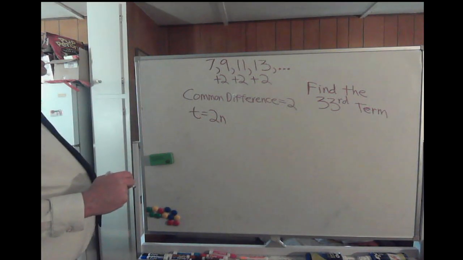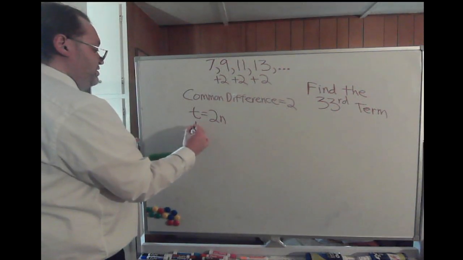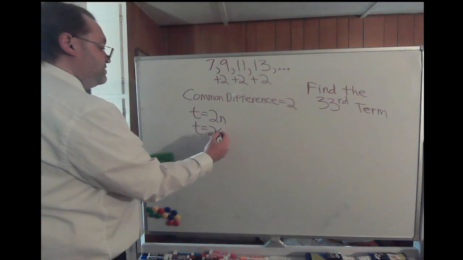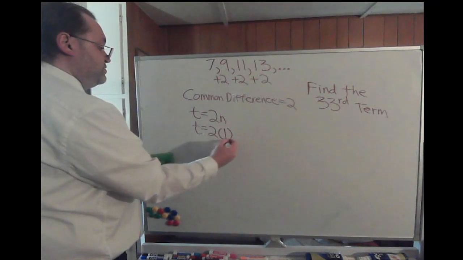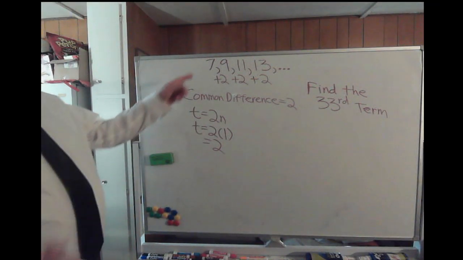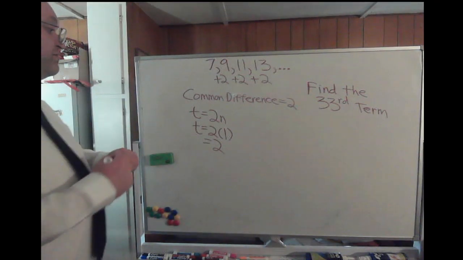Let's figure out your first term here. The term is equal to 2 times the number of the term, which in this case is 1, which of course equals 2. Well, we know the first term is actually 7, so how do we get from 2 to 7? You've got to add 5.